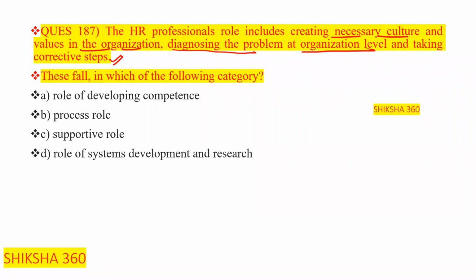Under which of the following categories does this fall?